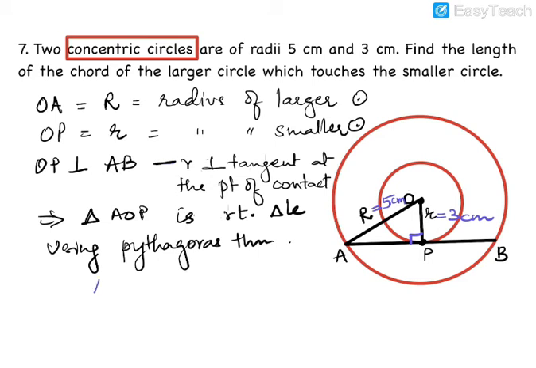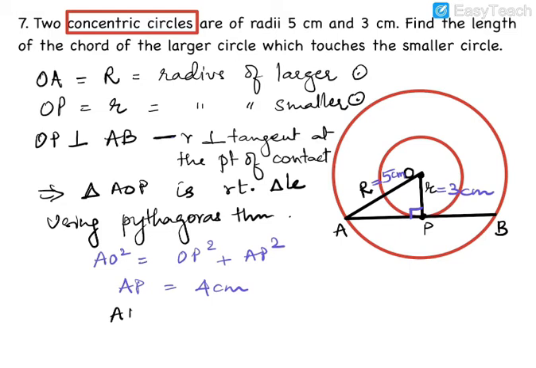So hypotenuse square, that is AO square, is equal to OP square plus AP square. Substituting these, we will get AP equal to 4 centimeters. I have skipped these steps to find AP because we know that 3, 4 and 5 are Pythagorean triplets. So we can directly write AP as 4 centimeters.